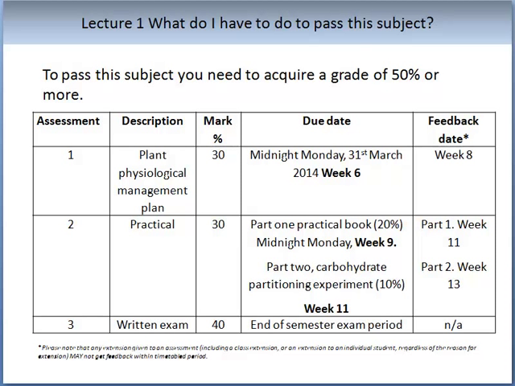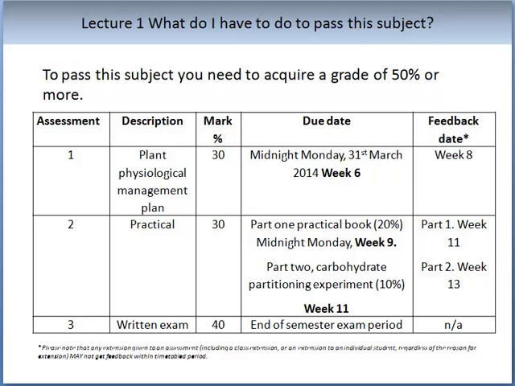You will hand this practical book in week 9, on the 28th of April. This will give you several weeks to write up your conclusions and to answer the tasks. You will get feedback from the Part 1 practical in week 11.